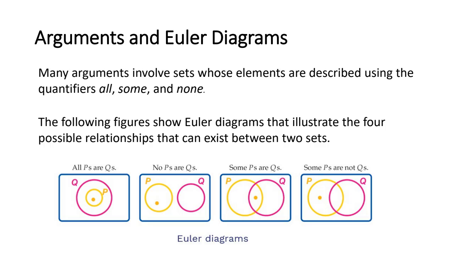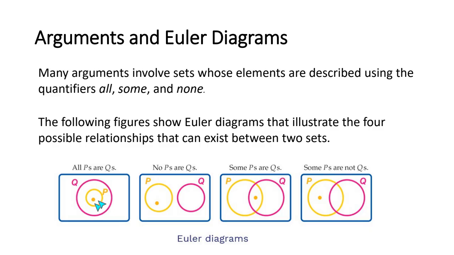Okay, so an argument involves sets whose elements are described using the quantifiers all, some, and none. What we're going to be looking at is creating Venn diagrams in one of these 4 ways. If we start with the word all, then this would represent that argument.